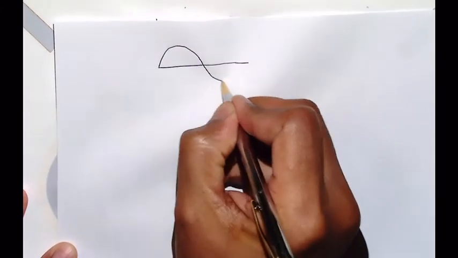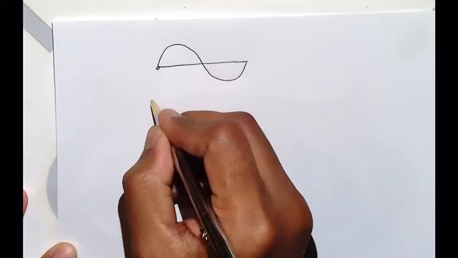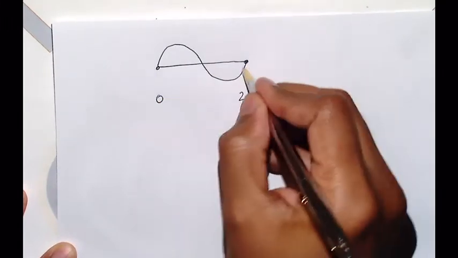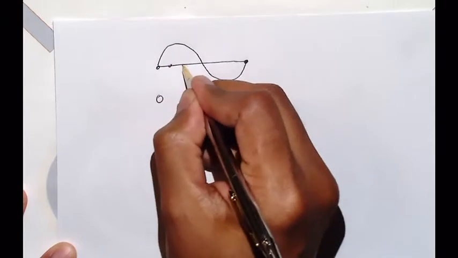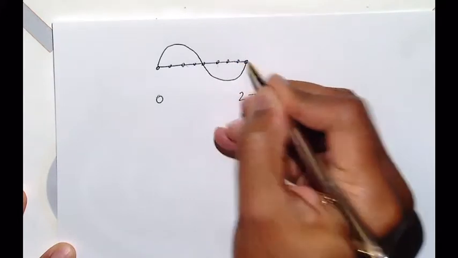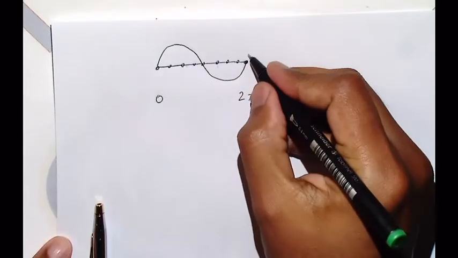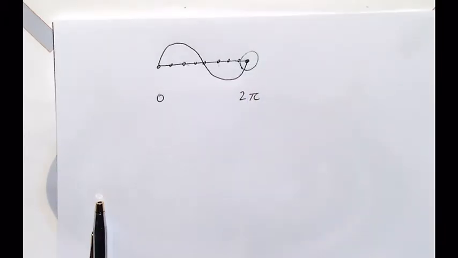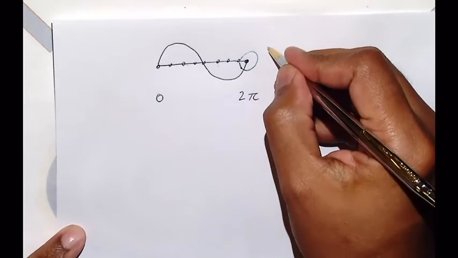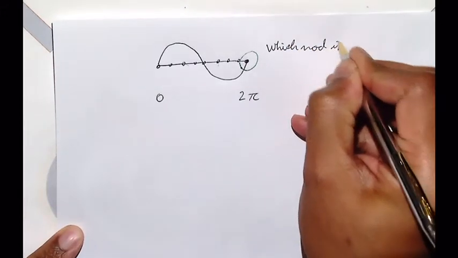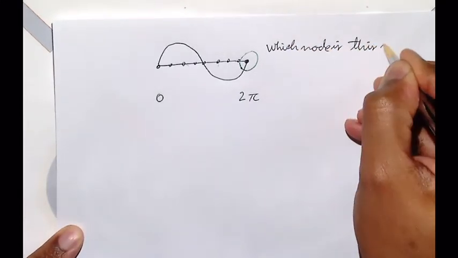If we have a sine wave and x goes from 0 to 2 pi, and these are the grid nodes, who is this node's right neighbor?